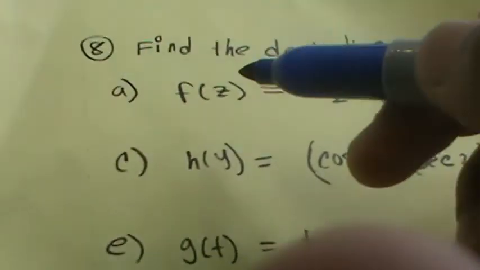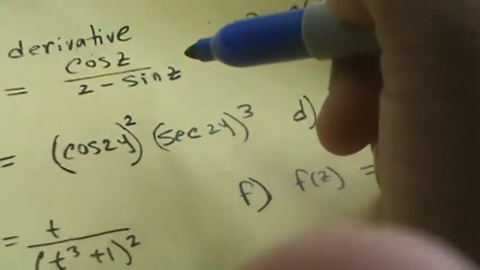Alright, so let's see what's going on with number 8. Number 8, I'm not gonna help you, but my question to you on number 8A is, what kind of rule would you be doing?